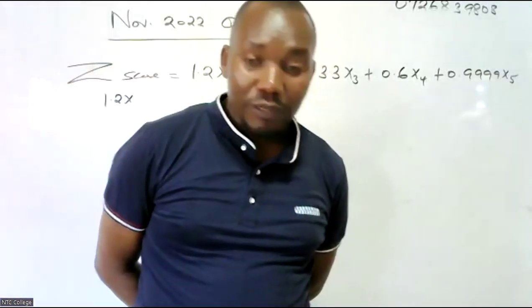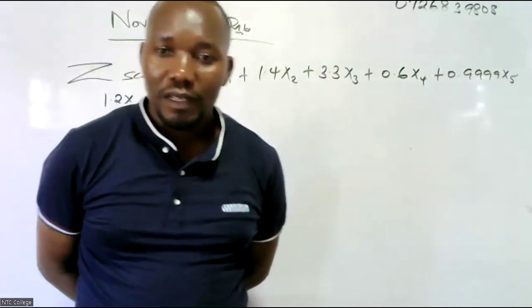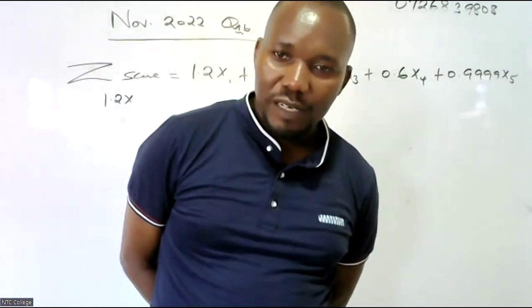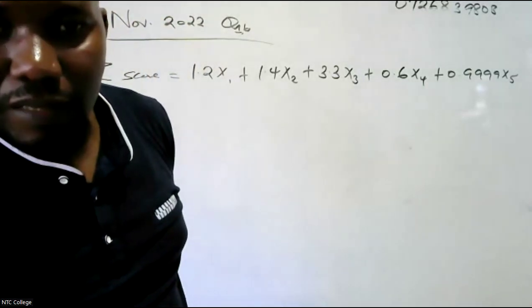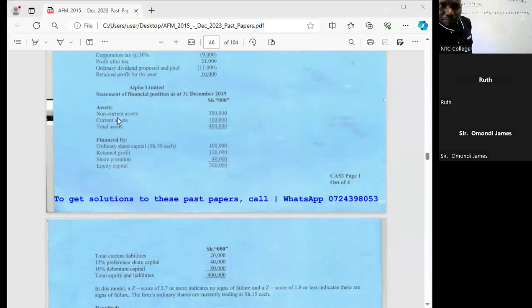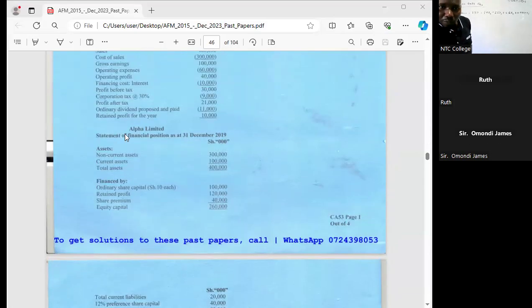What is working capital? Correct. It is current asset minus current liability. So that is what you're going to do. So let's come here and get it. Our current asset is, we have non-current asset, we have current asset. So just pick the current asset, 100. Right?